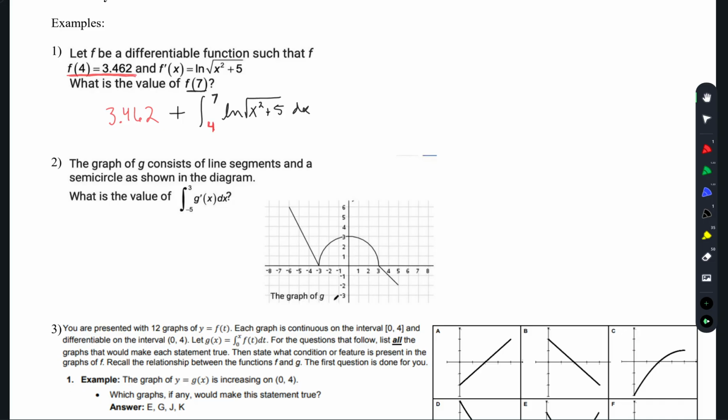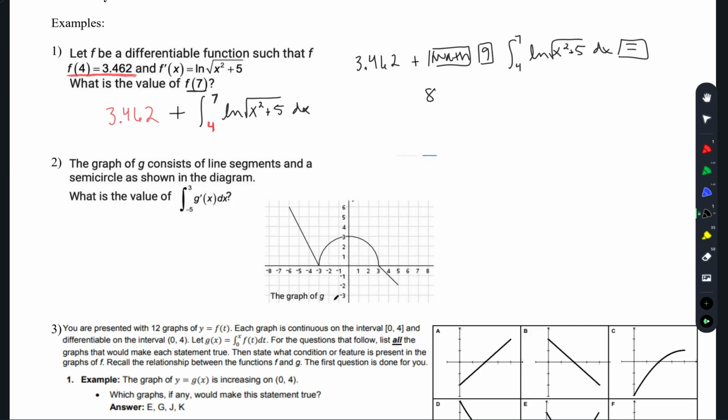Okay, so what you would do for your calculator is you would go 3.462 plus, and then you would hit math, and it's number 9. Hit math, then number 9, and then you'll see the integral on your calculator, and then fill in the numbers, fill in the function, and then hit equals, and then you'll get your answer.